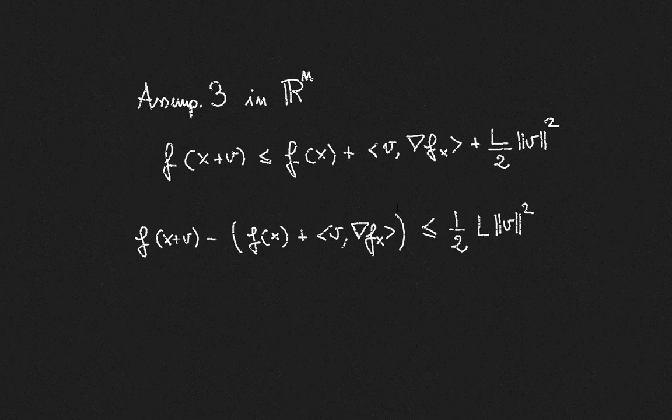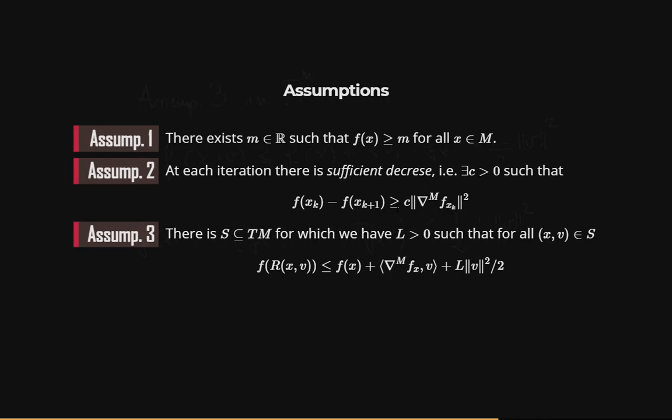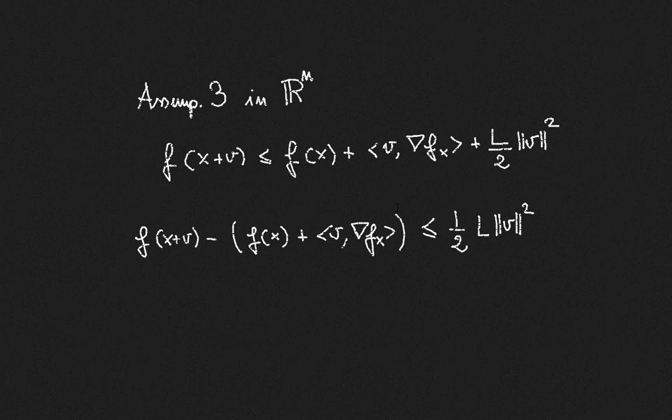Okay, maybe you can see that this is the same condition if we are just in Rn. And this happens, I mean, this is an exercise in calculus. This happens if and only if the gradient is Lipschitz. So I think the L is exactly the Lipschitz constant. I should, to be sure, do the computation.